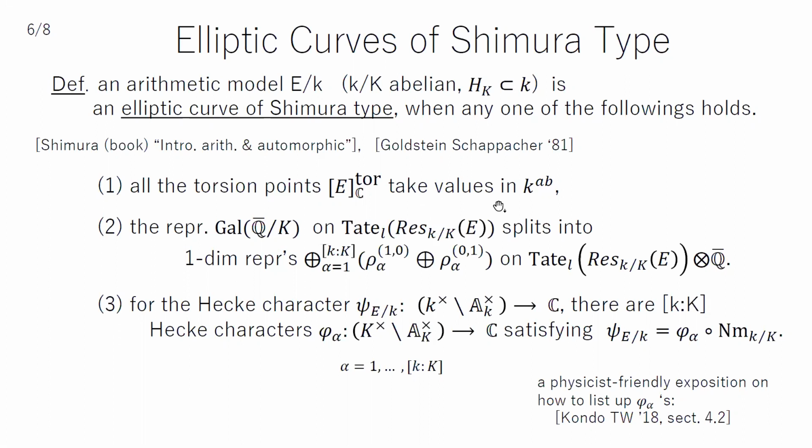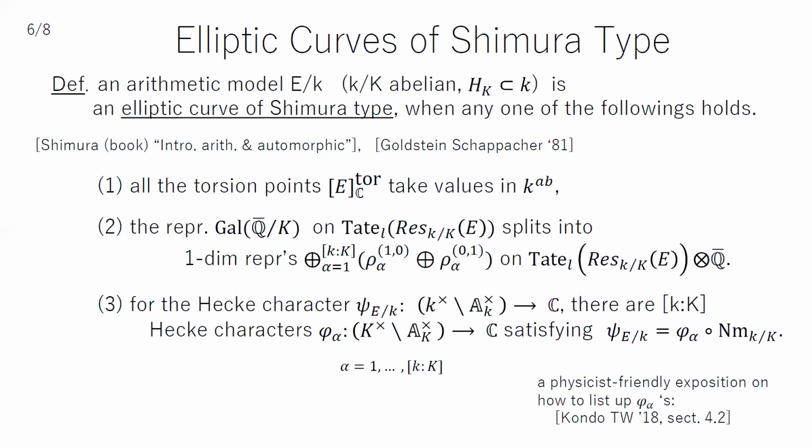And that's a general story for the arithmetic model of a CM elliptic curve. But an arithmetic model is said to be of Shimura type when the representation of this group splits into one-dimensional representations in this way. So that's the characterization of the models of Shimura type.